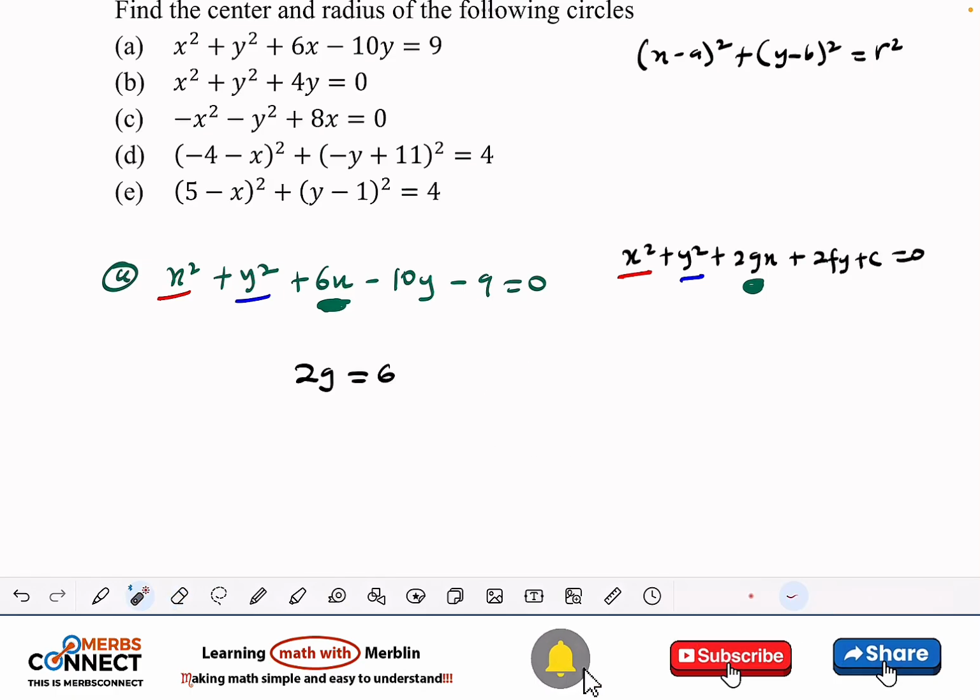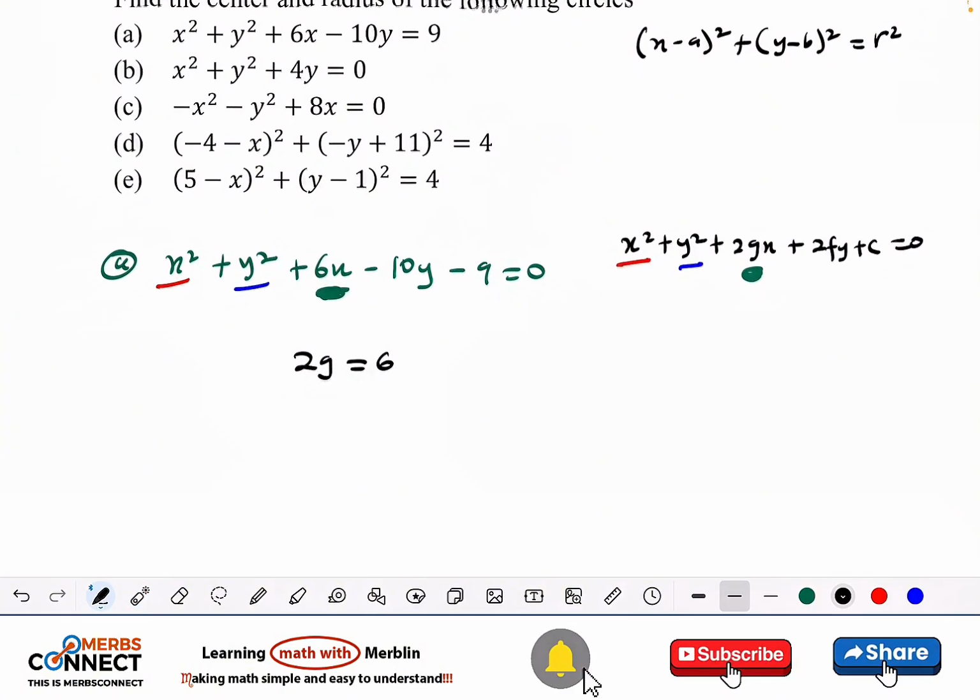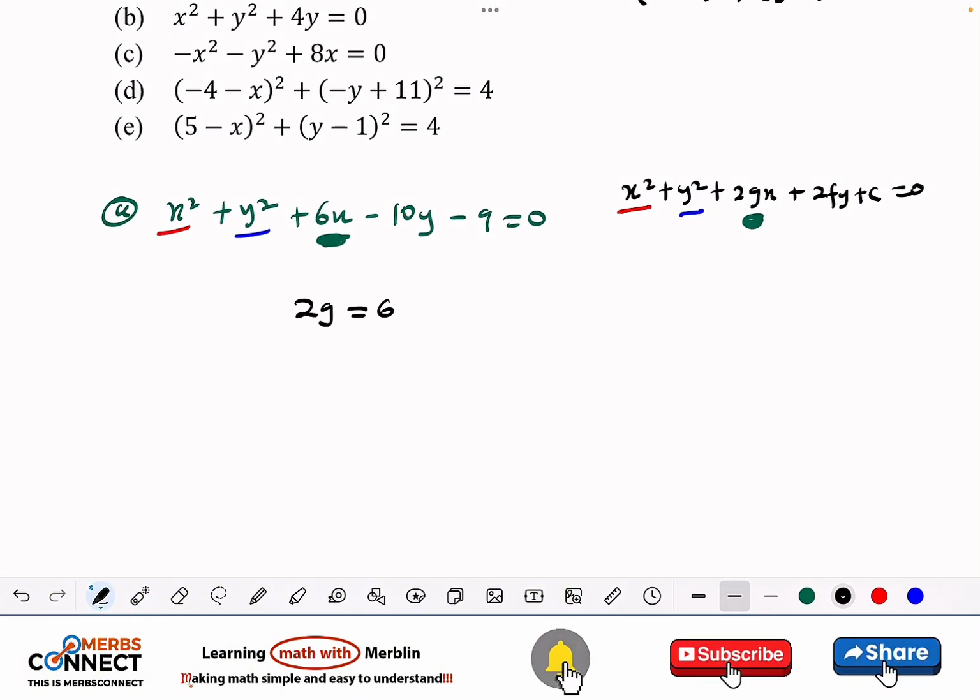What we want to do is pick the coefficient of x here and the coefficient of x here, then we equate them. So the coefficient of x here is 2g and the coefficient of x here is 6. This helps me to find g, and we see that g is going to be 3 when I divide both sides by 2.